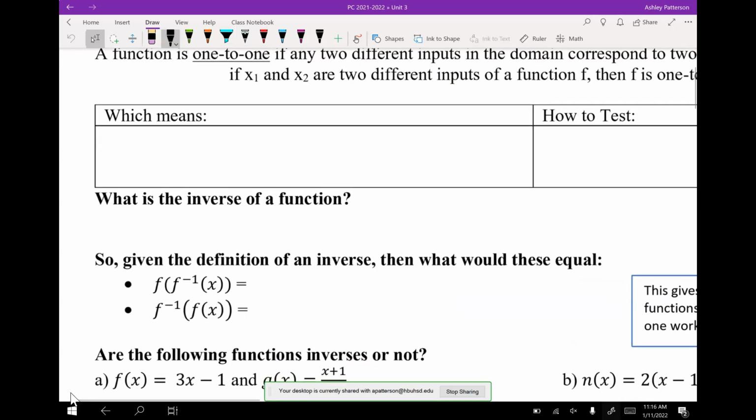It means for every element in the domain, there is one and only one corresponding y value.